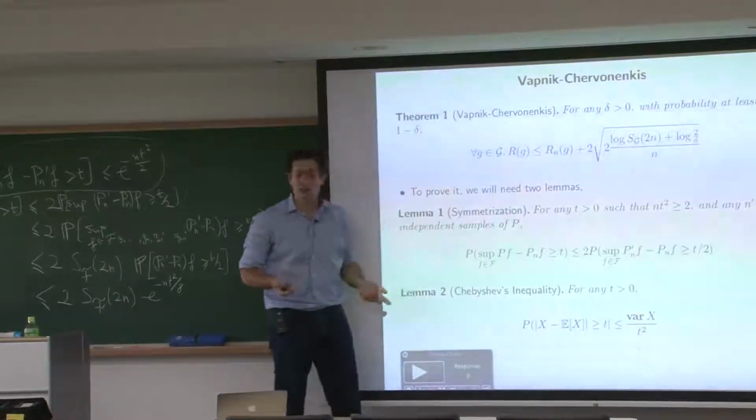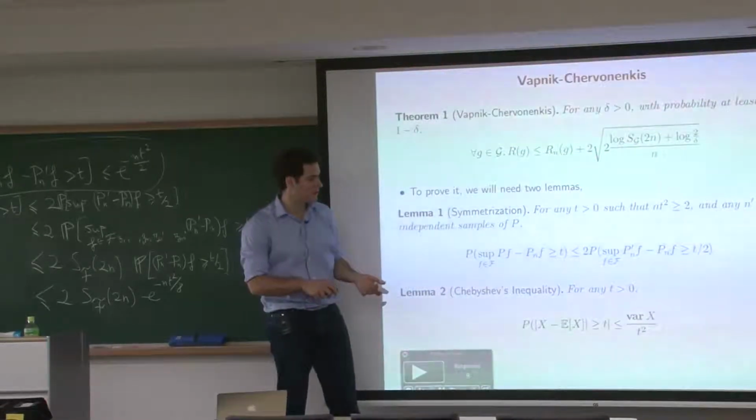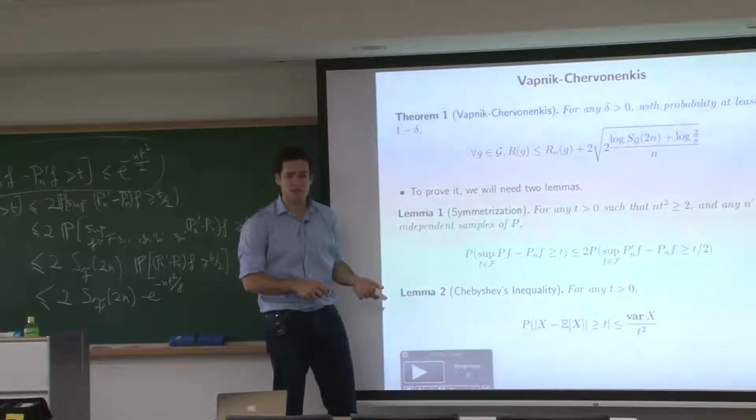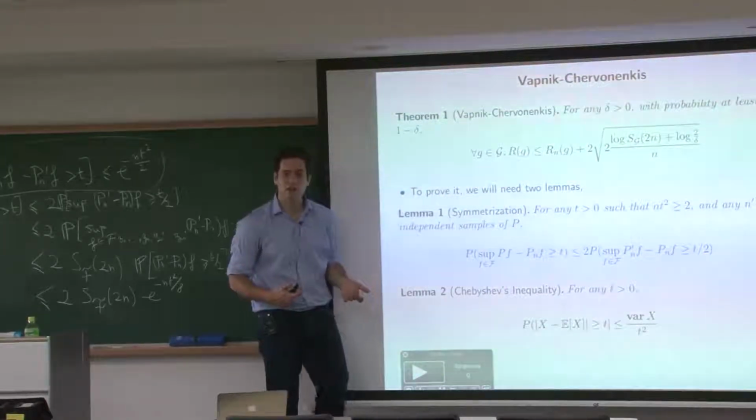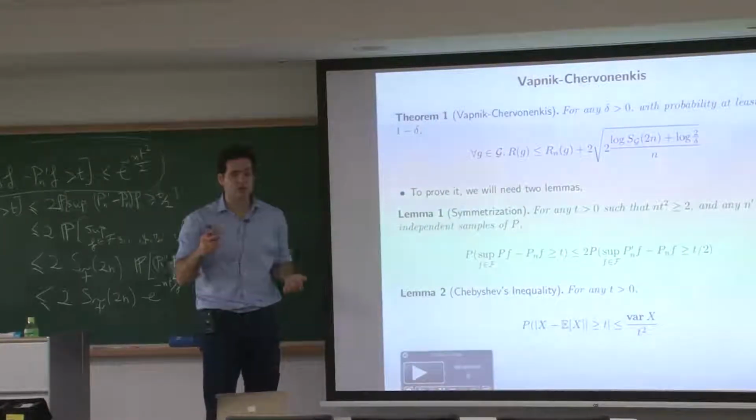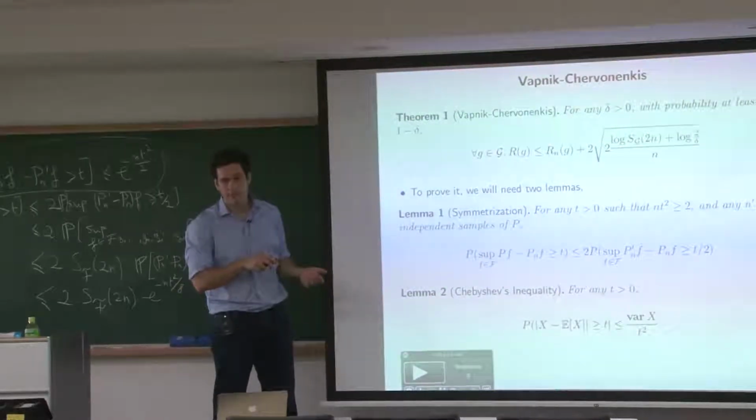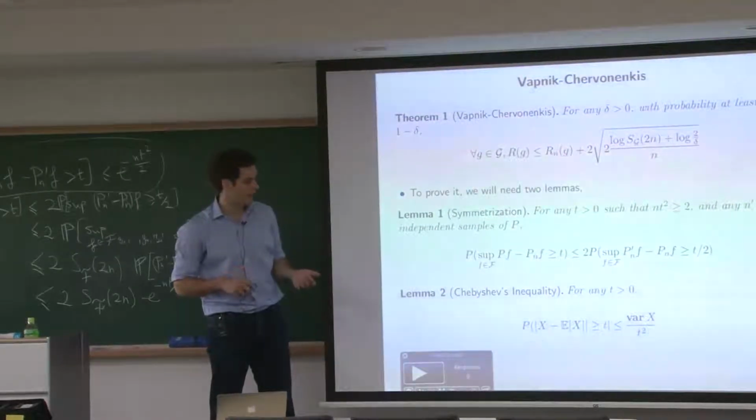What is really interesting is that the difference between two empirical risks can be computed through the growth function of size 2n. This is the key argument here.